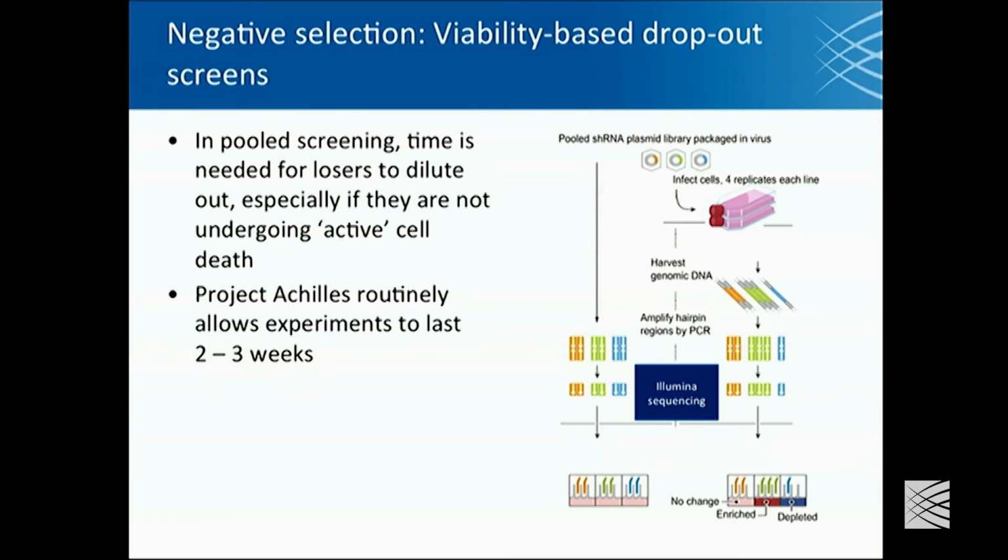You need time. And after 2 or 3 weeks, you harvest the genomic DNA, as I mentioned before. You amplify the guides or the hairpin by PCR. You submit for Illumina sequencing. And at the end, you're looking for the guides that are depleted in the selected population compared to the original or an earlier time point.